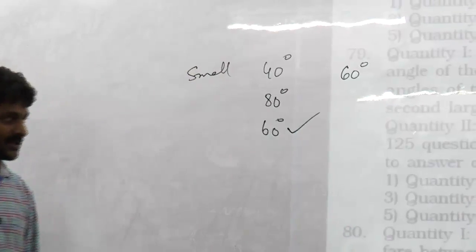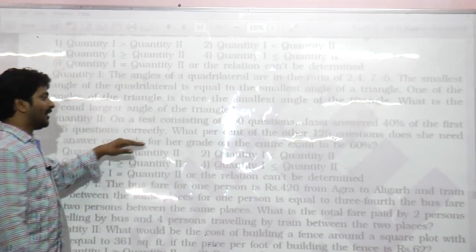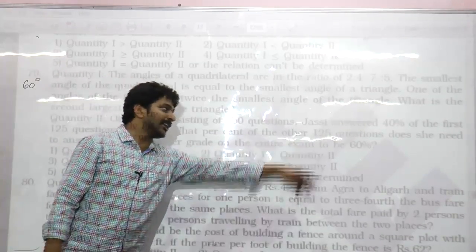Next, quantity 2. On a test consisting of 250 questions, Jessie answered 40% of the first 125 questions correctly. What percentage of the other 125 questions does she need to answer correctly for her grade on the entire exam to be 60%? So Jessie has total 250 questions.